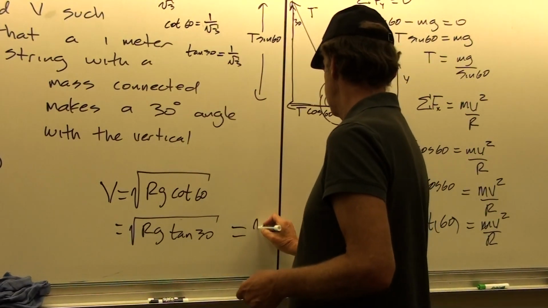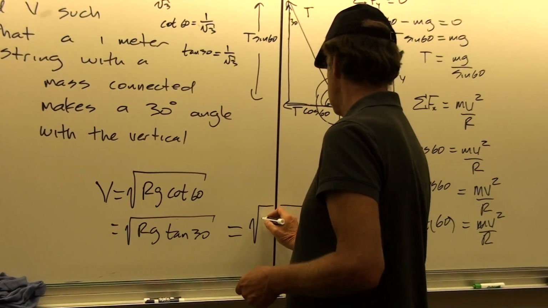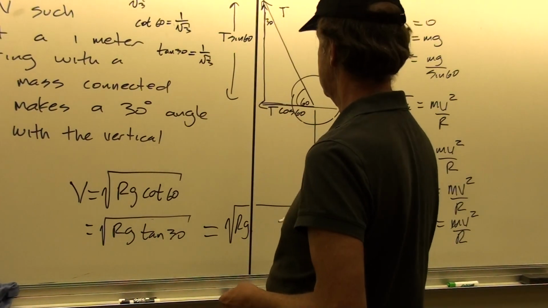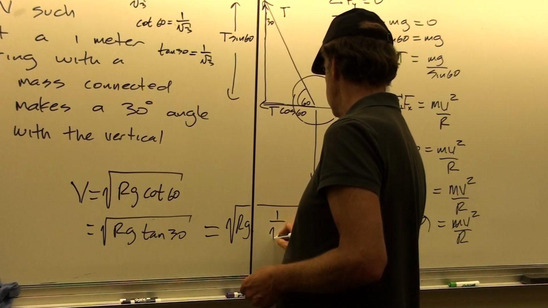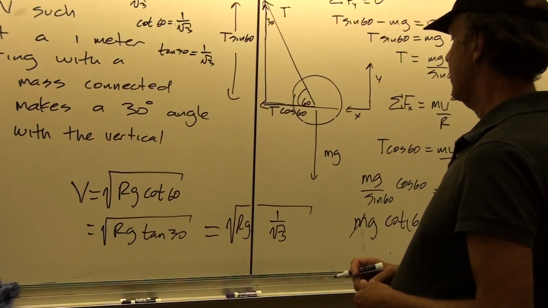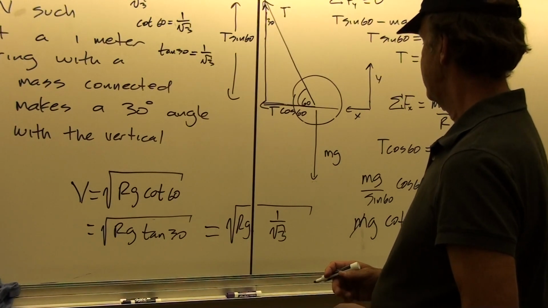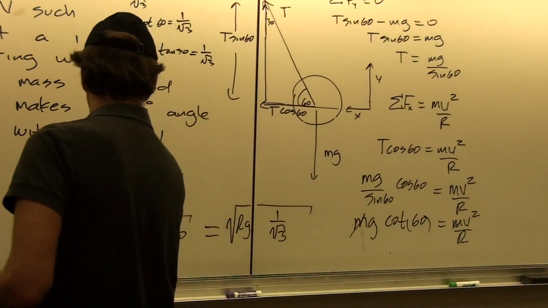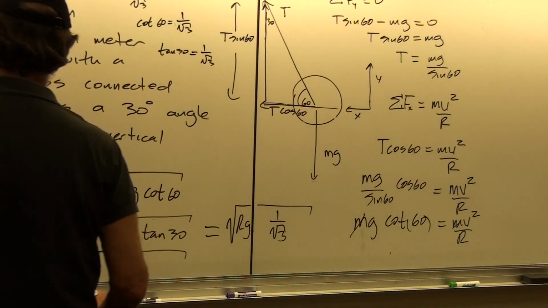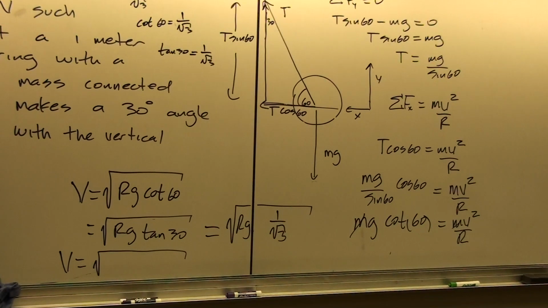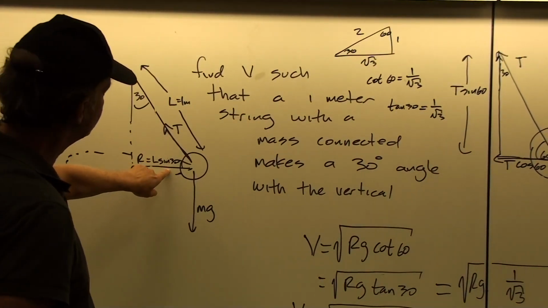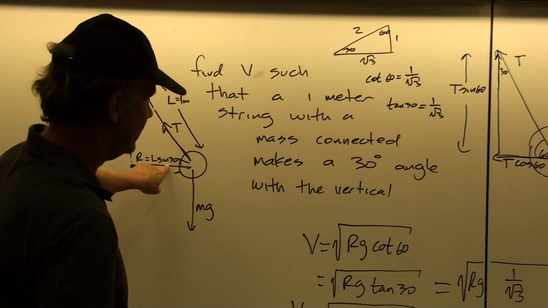All right, so here then, just because I feel a little more comfortable working in terms of tangent functions, I'm going to leave it this way, and I'll make this the square root of rg times tangent of 30, which is 1 over root 3. Okay, so our velocity then, if we plug in those numbers, v will be equal to square root of r. Now, we don't want to just go, oh, it's 1. No, it's L over 2, L times the sine of 30.